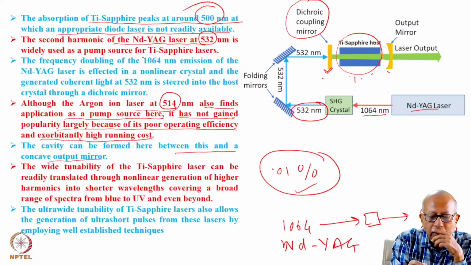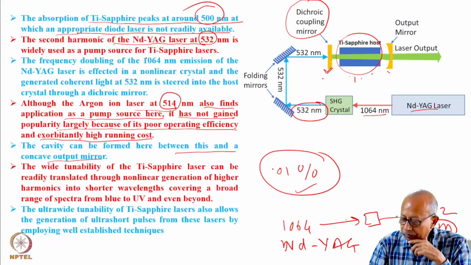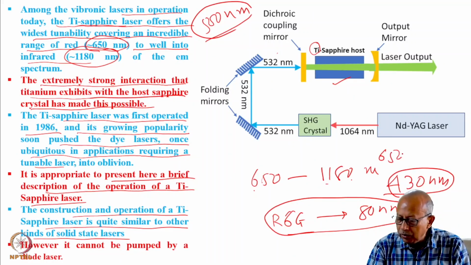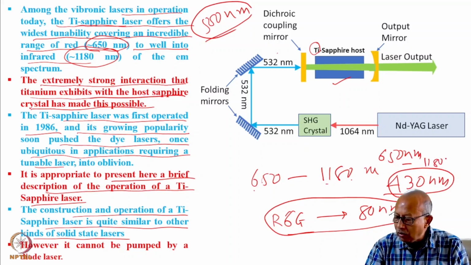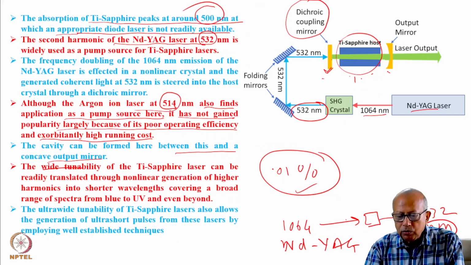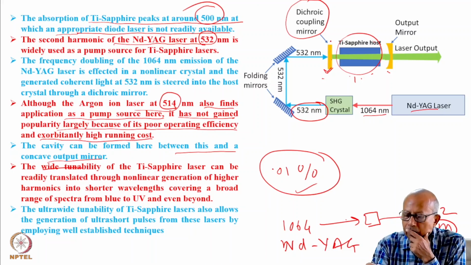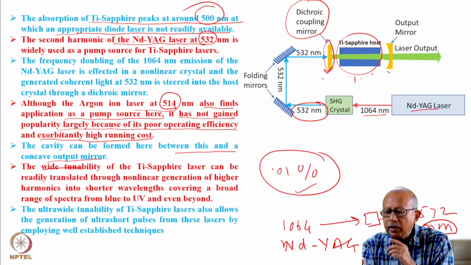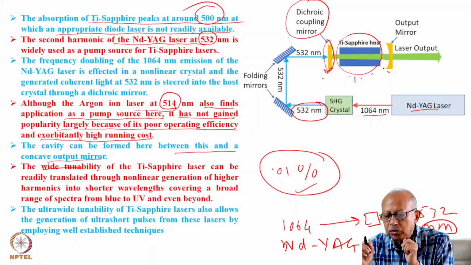That is the wavelength between 650 nanometer and 1180 nanometer. So you specially fabricate such a dichroic mirror. The tuning element, that is the dispersive element to tune this, has not been shown here.